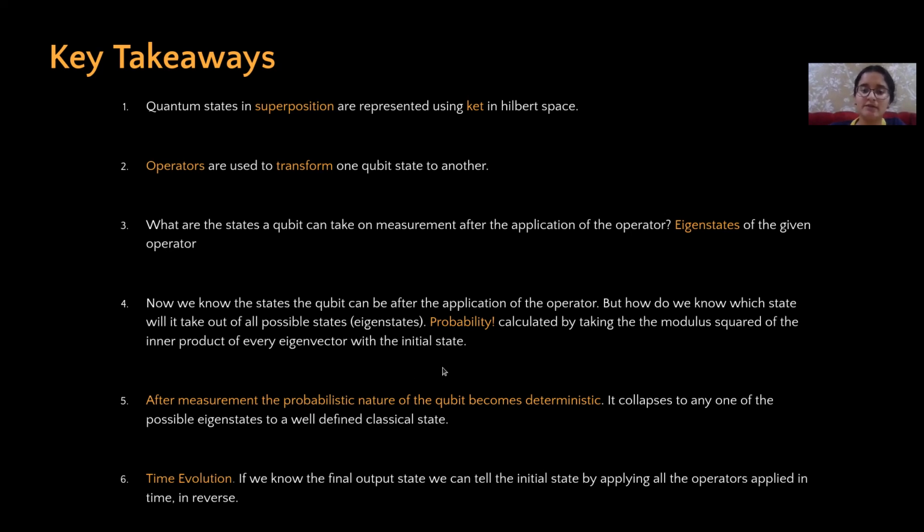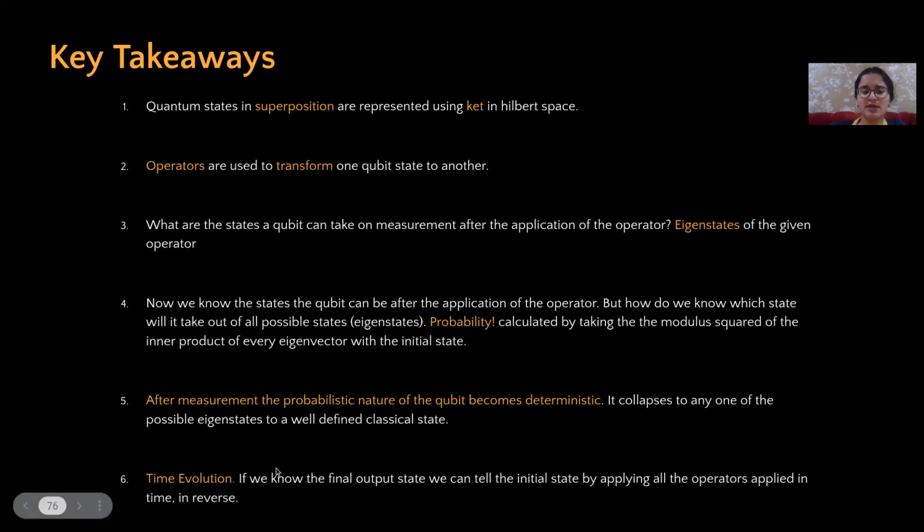It's a well-defined state, like 0 and 1 as classical bits, and it's not in a superposition anymore. So this also leads us to the point that basically classical states are a special case of quantum states, because quantum states can be in all states, but once measured, they are either 0 or 1 like classical states.